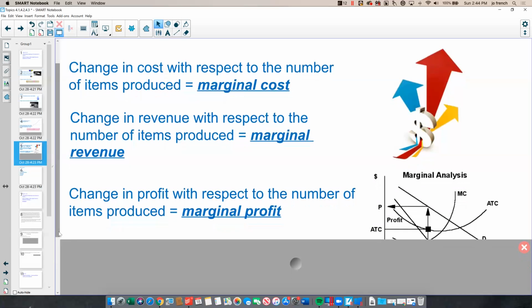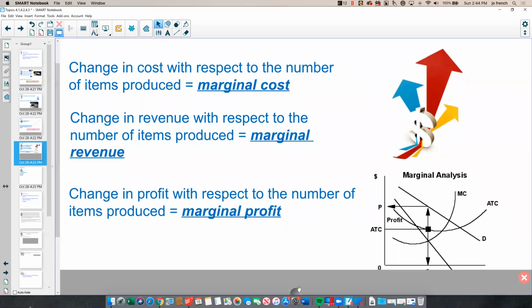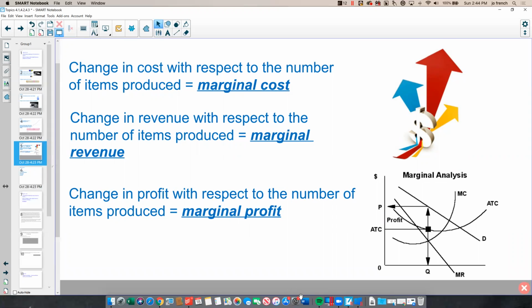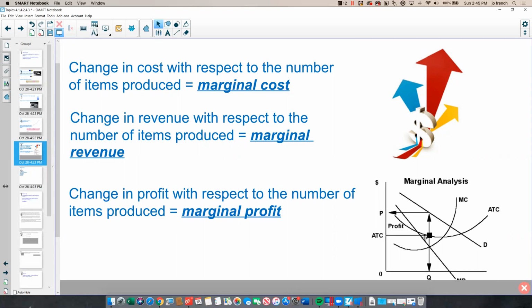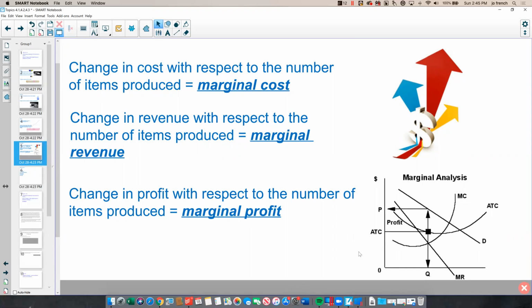In economics, we call that the marginal cost, the derivative of the cost function. And the change in revenue with respect to the number of items produced is the marginal revenue. Changes in profit, of course, is therefore the marginal profit. One day when you take an economics class in college, you will see a graph like this one over here, and it will all make sense to you.